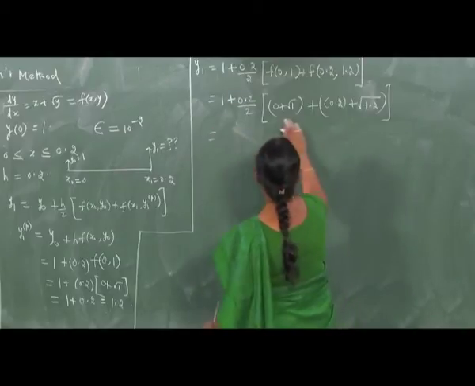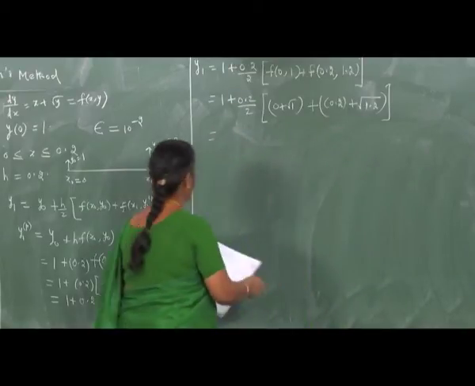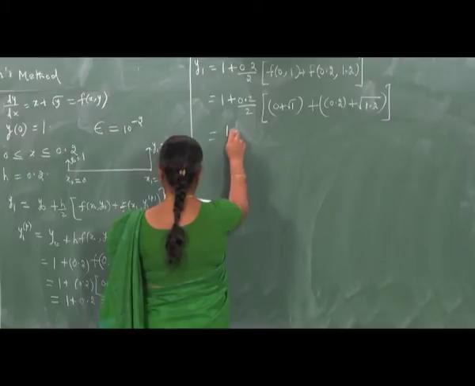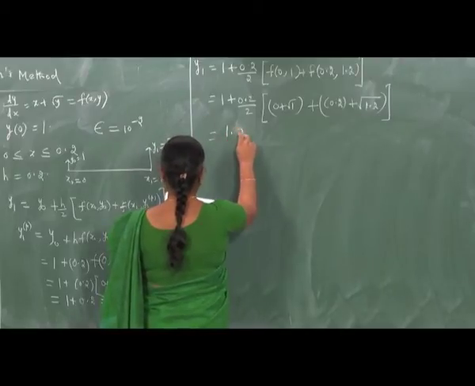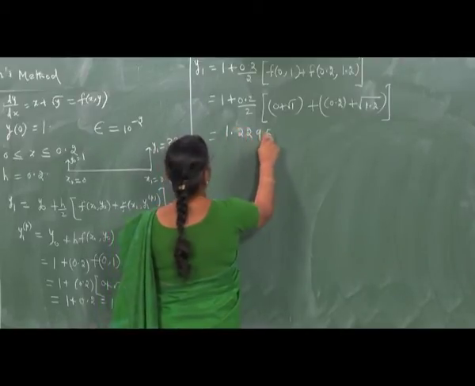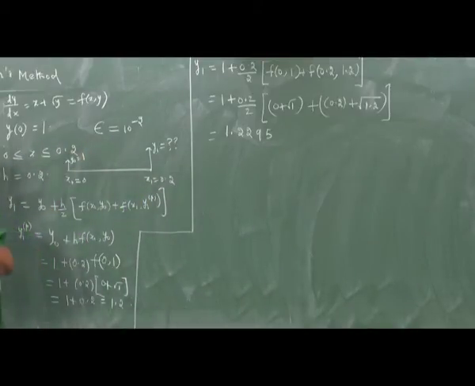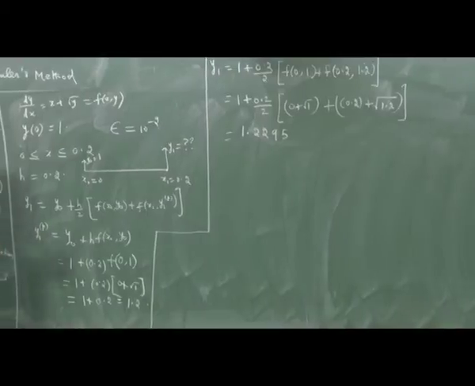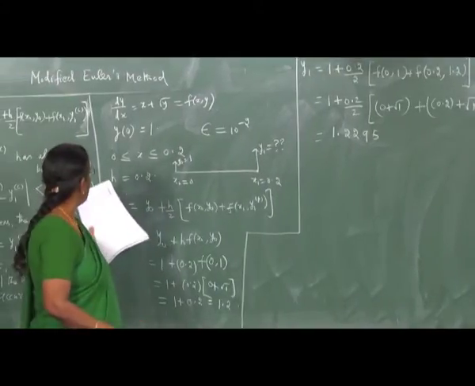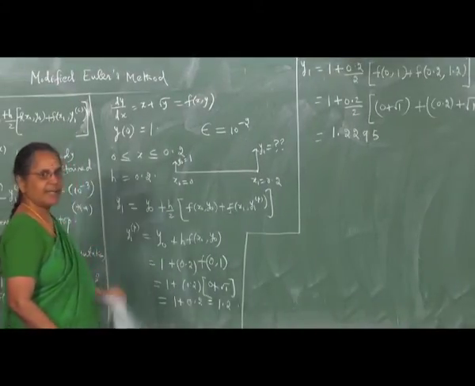So, if you compute this, you end up with 1.2295. That is the value of y at x1, namely y1, obtained through modified Euler's method.